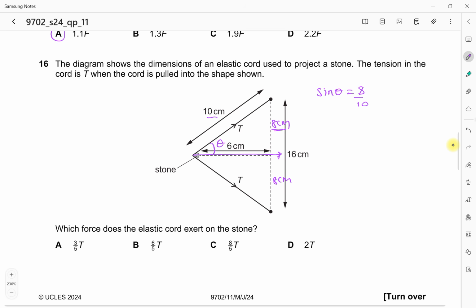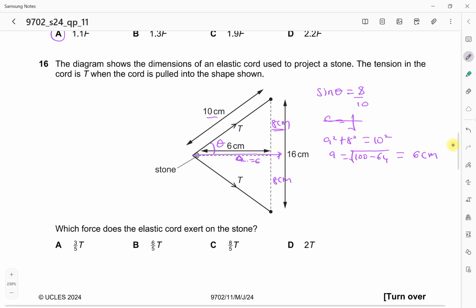Let me call this one A. By Pythagoras theorem, A squared plus 8 squared is equal to 10 squared. So A is going to be the square root of 100 minus 64, which is 36, so A is equal to 6 centimeters.